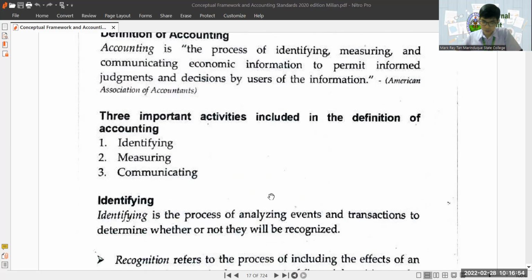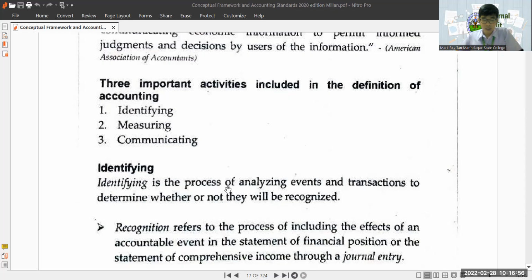Unahin natin yung identifying. It is defined as the process of analyzing events and transactions to determine whether or not they will be recognized. Class, pakitake note ng word na recognize. Ano ibig sabihin nun?